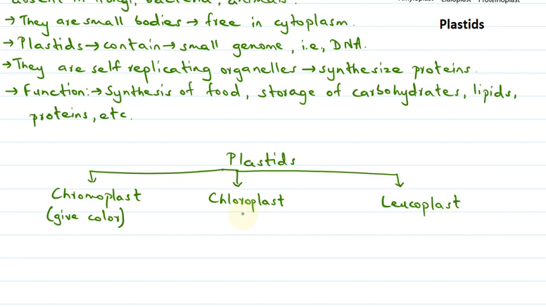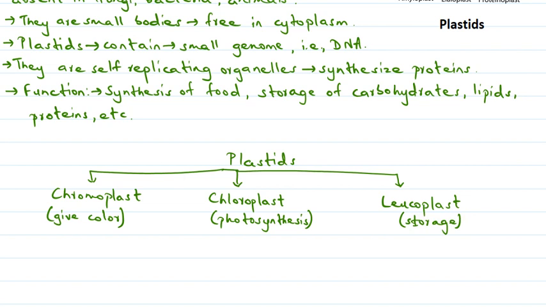Chloroplasts are the green colored plastids that help in photosynthesis. Leucoplasts are colorless plastids and their main function is storage.